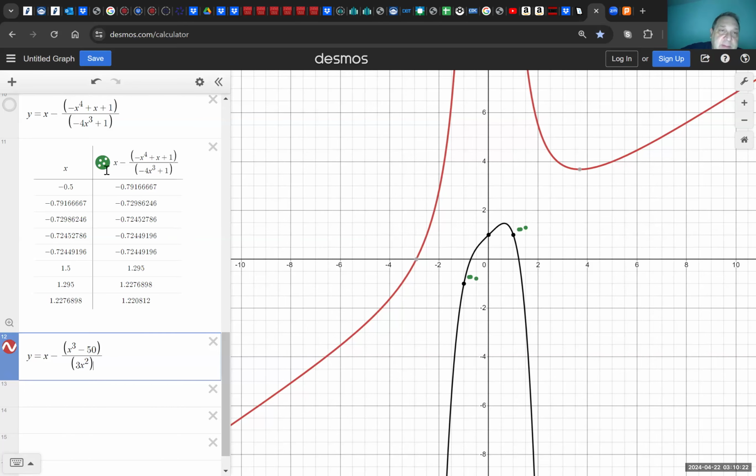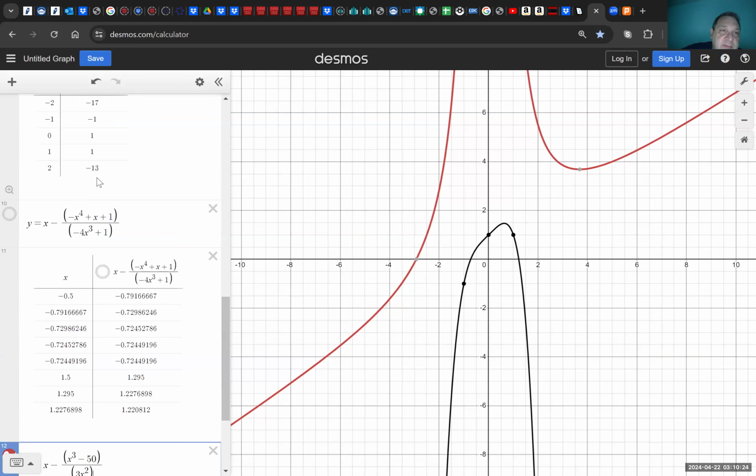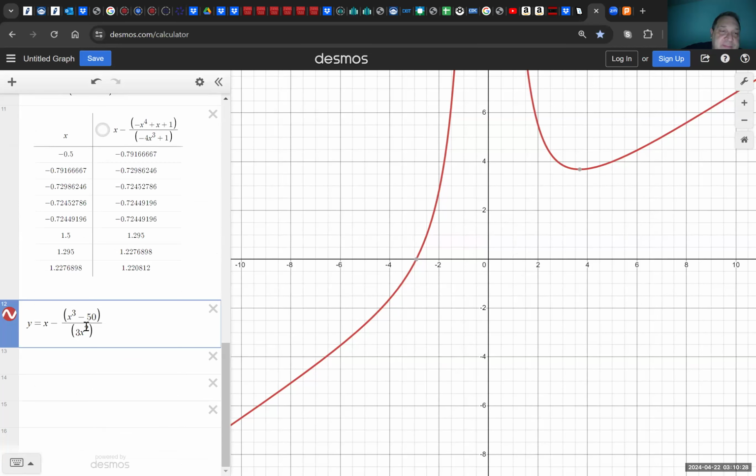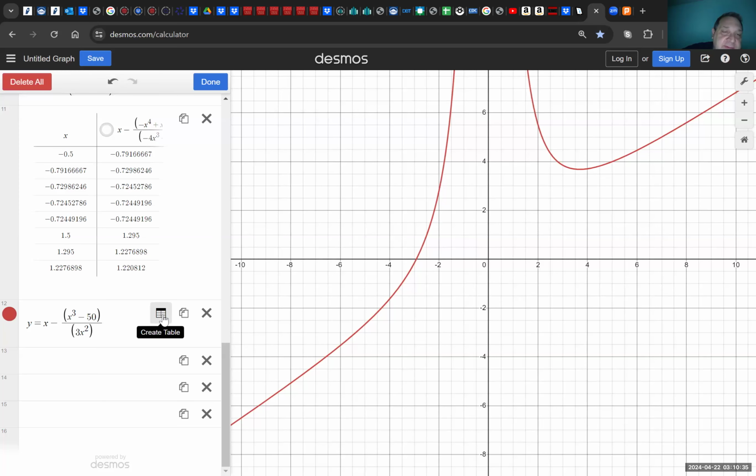Let me get rid of these other random graphy things so it doesn't look so confusing. So that's the formula. I'm going to change this into a table by going to this little wheel and saying, make a table out of it.